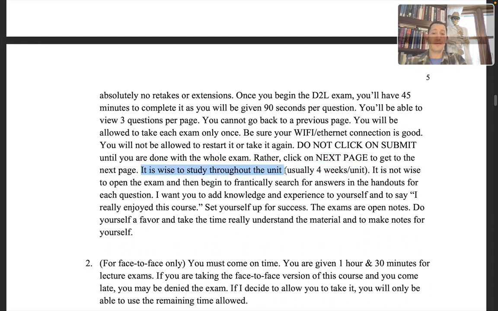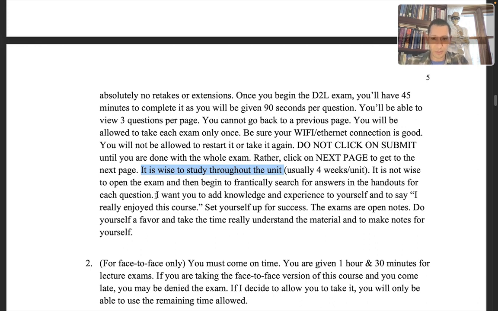It's wise to study throughout your 4 weeks for the unit. Have as much as you can in your head, so that you're taking your test at ease and you're less likely to make mistakes. I want you to add knowledge and experience to yourself and say, I really enjoyed this course, setting yourself up for success, rather than saying that class sucked, it was so stressful.